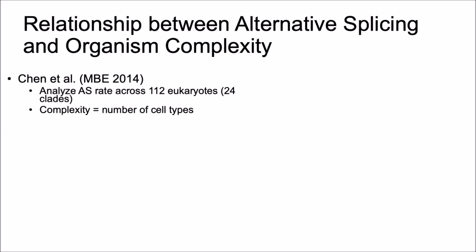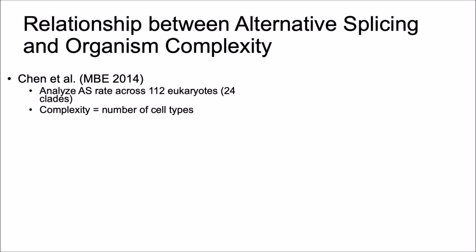One interesting observation that was made several years ago is that there is a strong correlation between the rate of alternative splicing and the complexity of organisms. In that study, Chen and colleagues measured the rate of alternative splicing in more than 100 eukaryotes from 24 different clades.